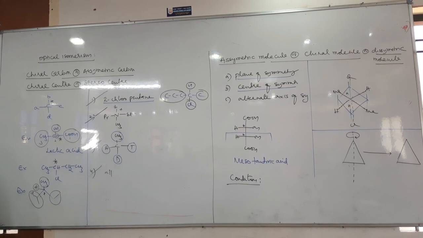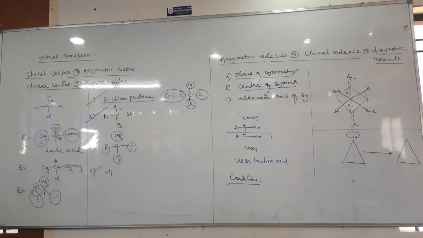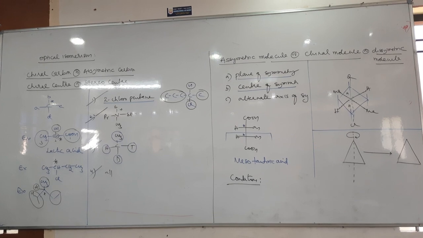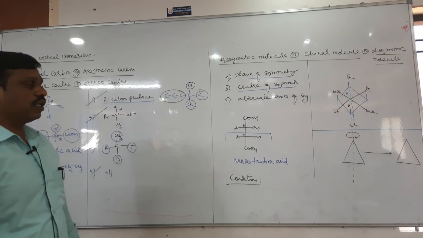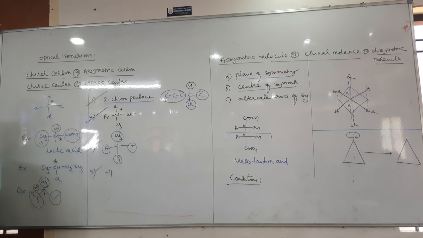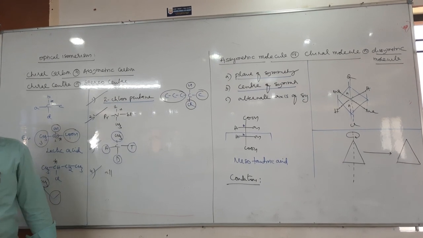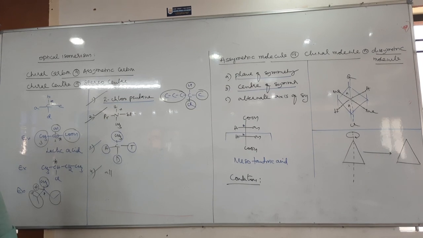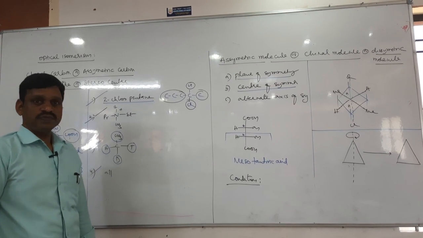The molecule which does not contain the 3 elements of symmetry is called an asymmetric molecule or chiral molecule.